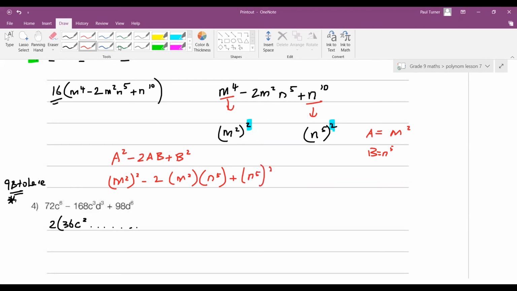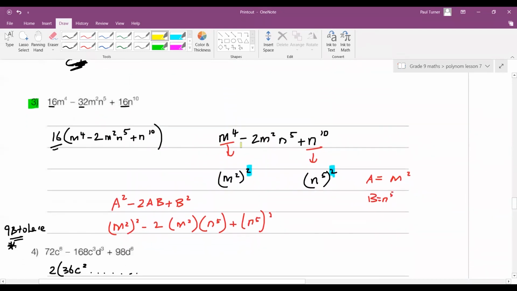And check our middle term, which should be this one here. They should be the same, and looks like they are, aren't they? So 2m^2 n^5, 2m^2 n^5. So this is all right.